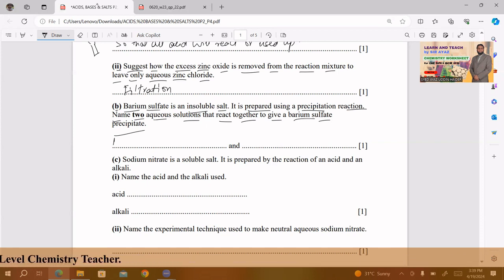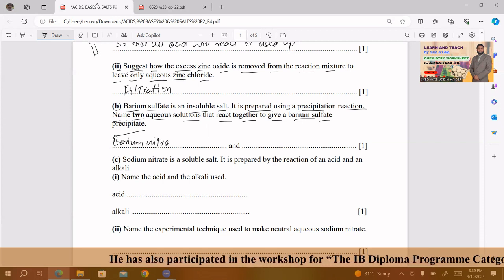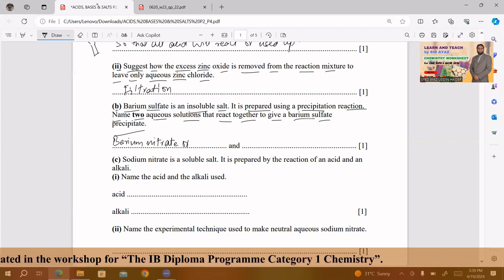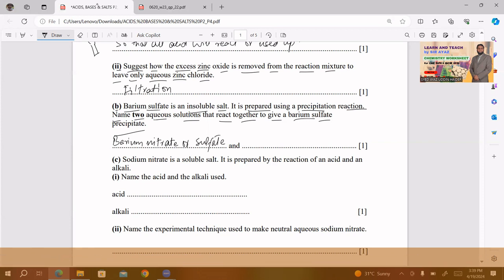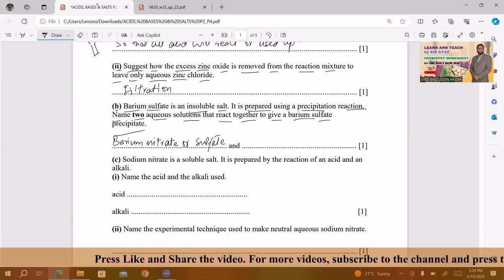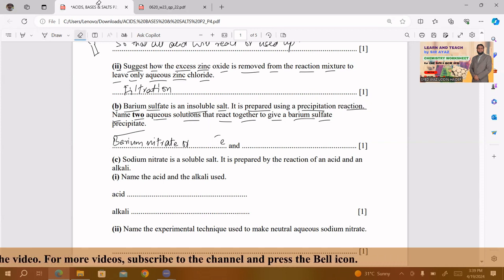So you can write barium nitrate or chloride, not sulfate.